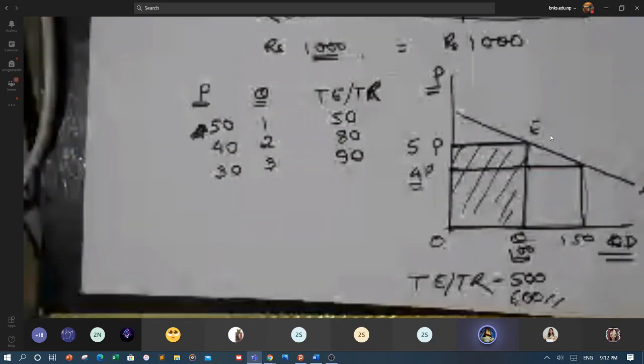Suppose, Ayusa, you are a businesswoman. You are selling a particular good and your good is relatively elastic.